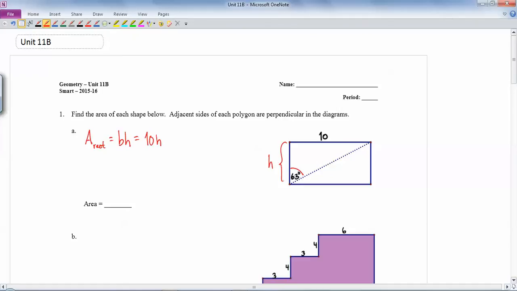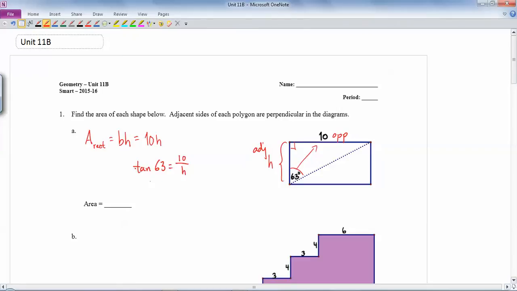If I use the 63, I know that's a right angle because it says perpendicular. The 10 is an opposite side, and this h is an adjacent side, so that's going to require a tangent. So tan 63 equals the opposite side 10 over the adjacent side h.